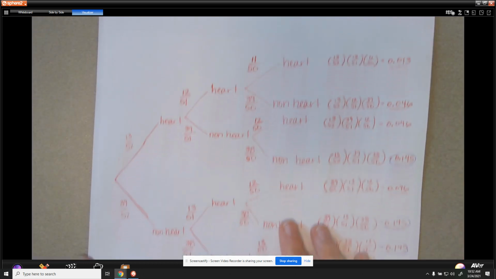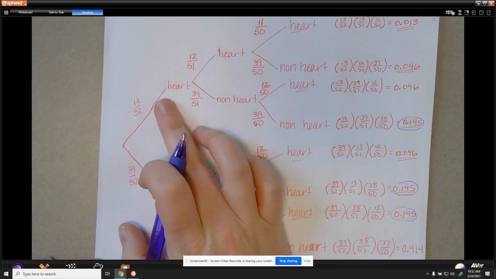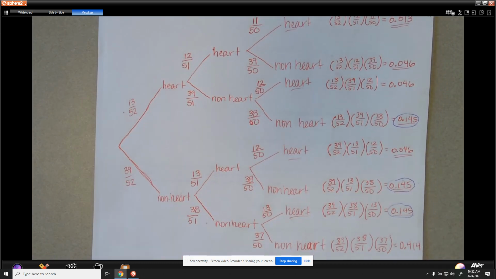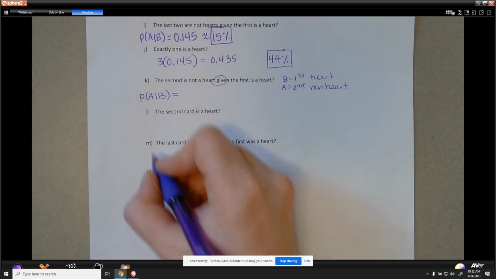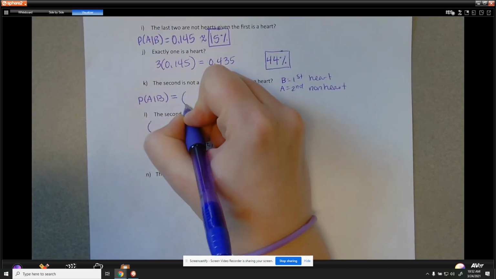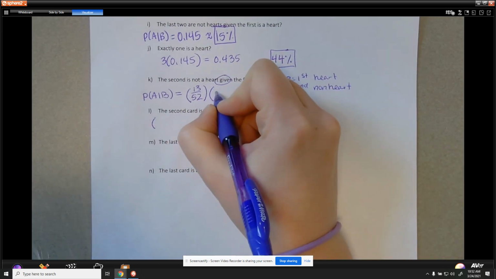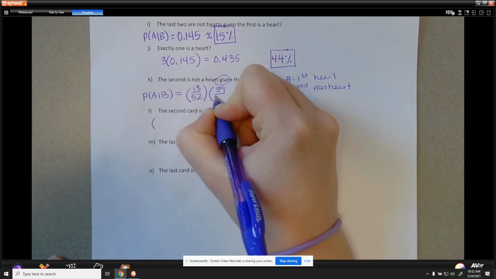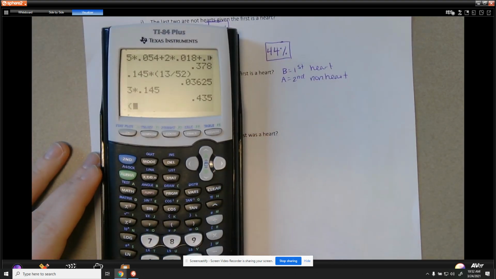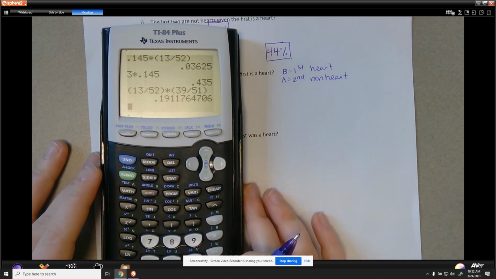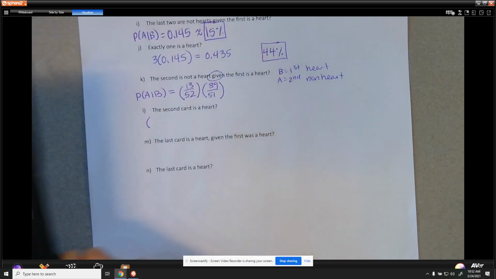Okay, so I've got first is a heart and then the next is a non-heart, so I'd multiply those 2 together. So I've got 13 out of 52 times non-heart would be 39 out of 51. We get about 19%.